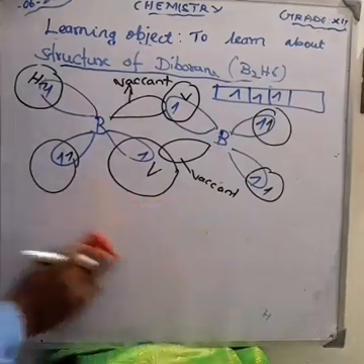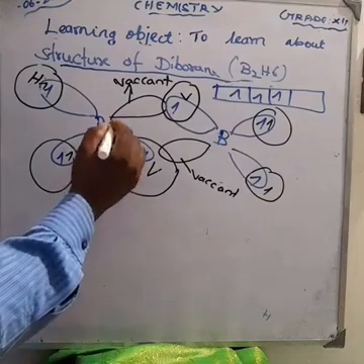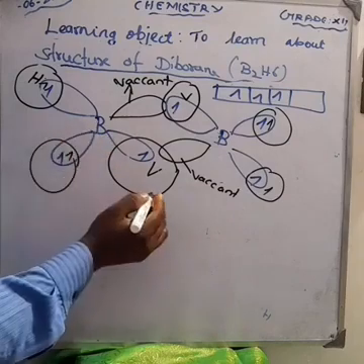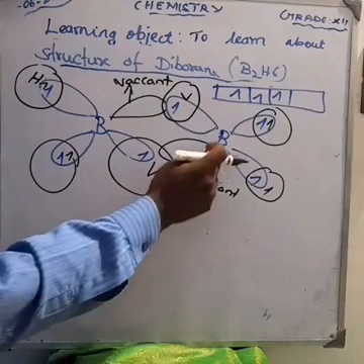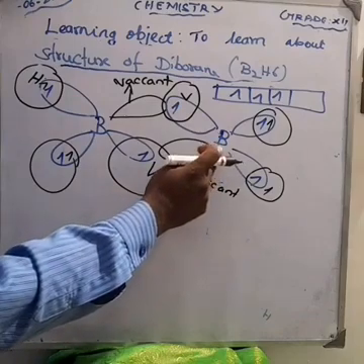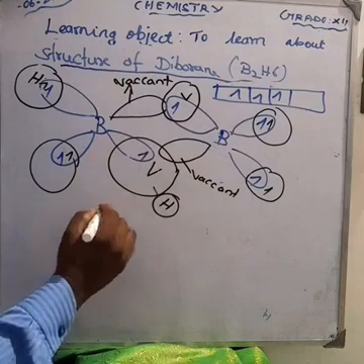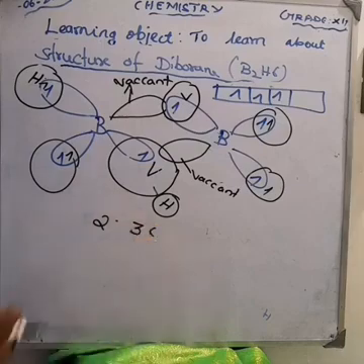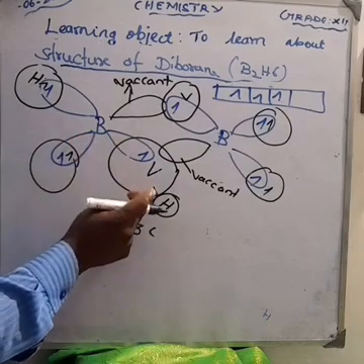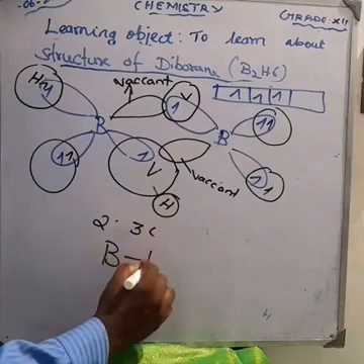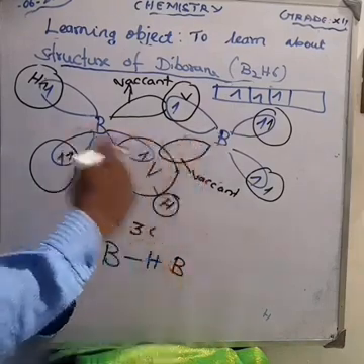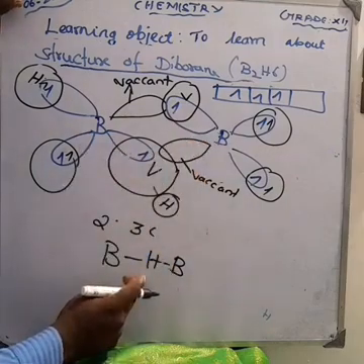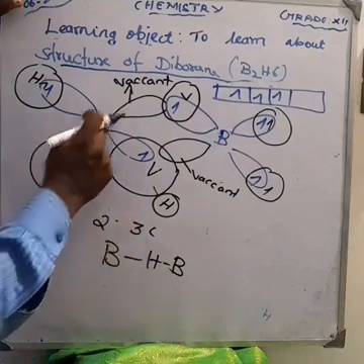So the remaining 4 electrons are used for the bridge bonds. Coming to this area, here we have 3 center. Why do we say 3 center? Here is boron, here is hydrogen, here is boron. The boron-hydrogen bonds utilize 2 electrons each.